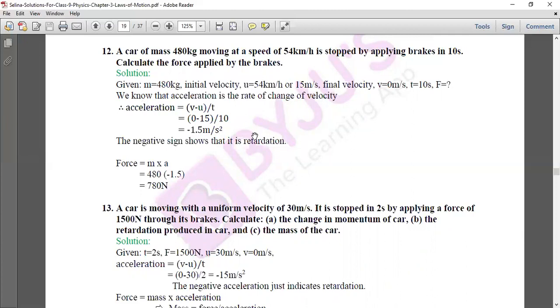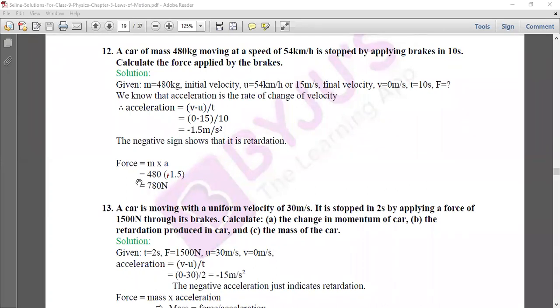This negative sign indicates that retardation is produced in the body. Okay, so next we will find the force. Force is mass into acceleration. Retardation is minus 1.5, therefore the acceleration is plus 1.5.